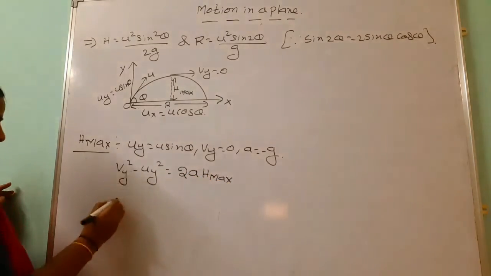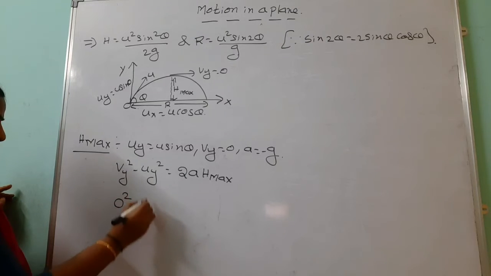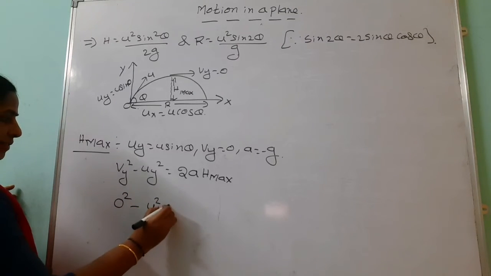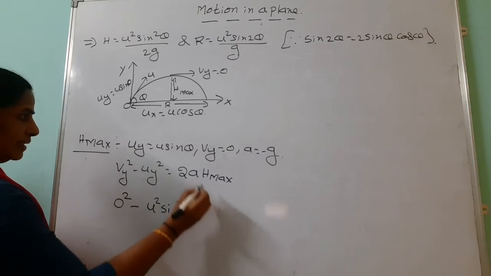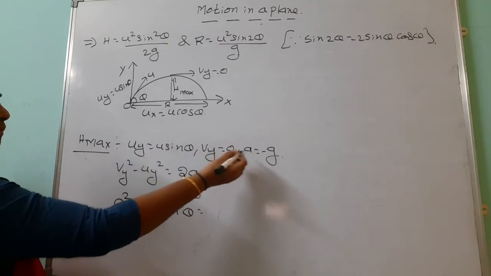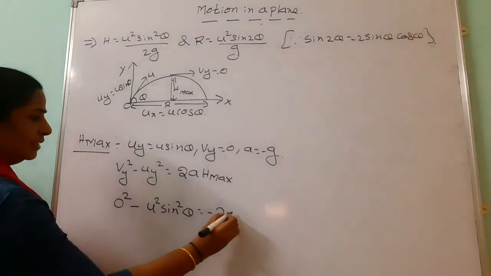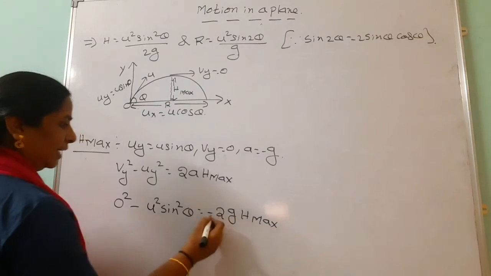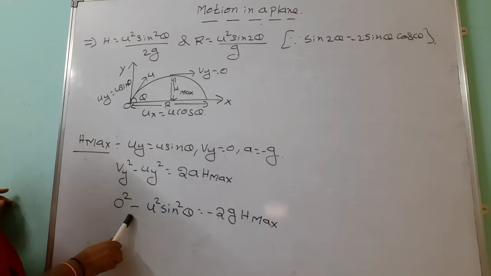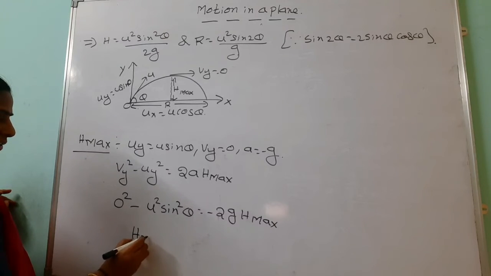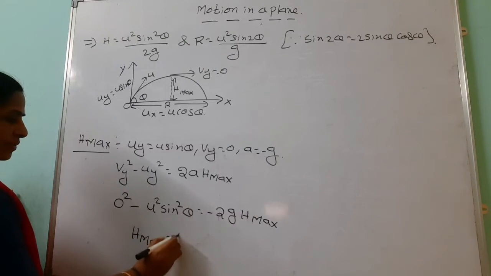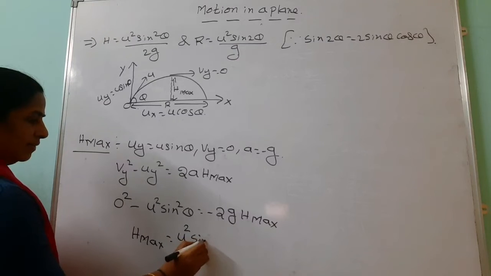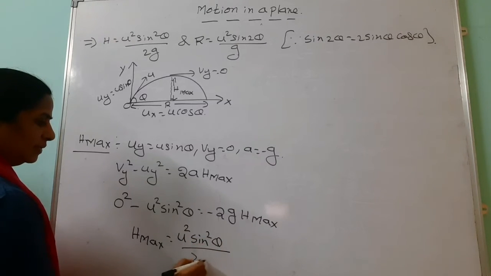These are suffixes only, don't get confused. Instead of vy square we write 0 square minus u square sin square theta equals, going upwards means a equals minus g, minus 2g into h maximum. After simplification, minus minus cancel, h maximum equals u square sin square theta by 2g.